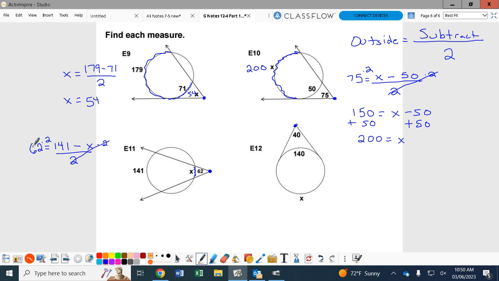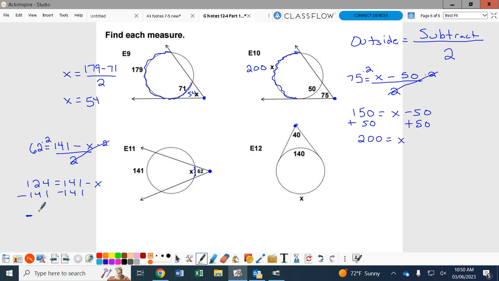What is 62 times 2? 124 equals 141 minus x. How do I get the x by itself from this step? Subtract what? Yes, subtract the 141. That's going to give you a negative number. It's okay. You'll see what happens in a second.